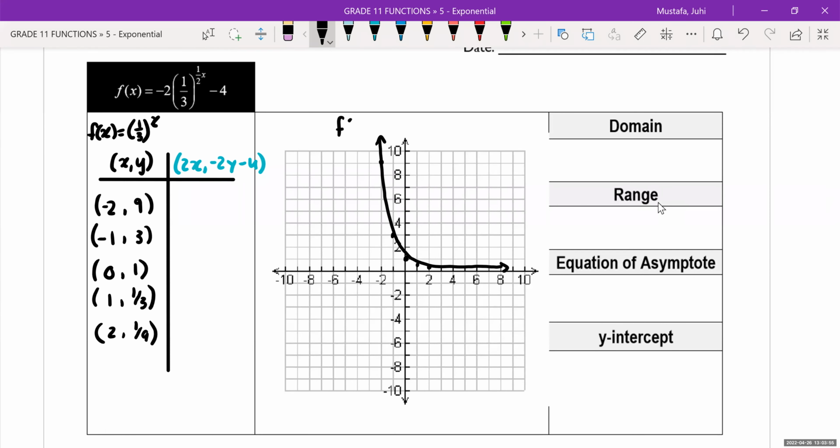Okay, so this is our original function, f of x is equal to 1/3 to the power of x. Now for the new graph, before I do anything, I'm going to go ahead and draw my asymptote at y is equal to -4.